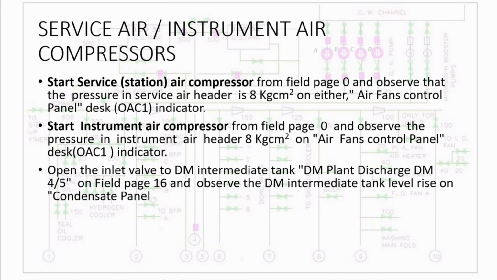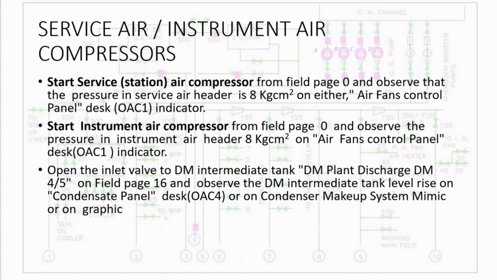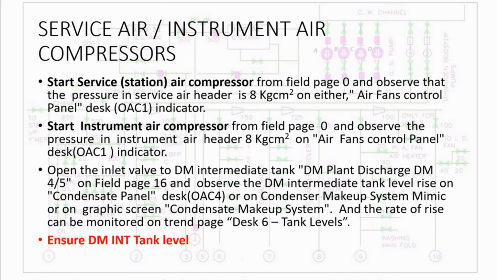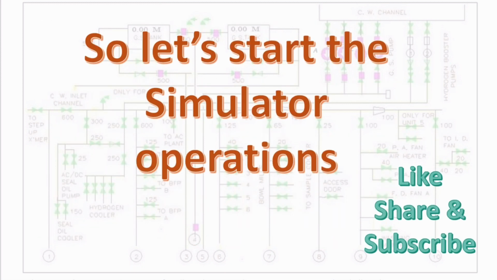Then you have to open the DM intermediate tank, DM45. After starting the compressors, you can open the inlet valve to the DM intermediate tank so that the DM water is available and comes into the tank.